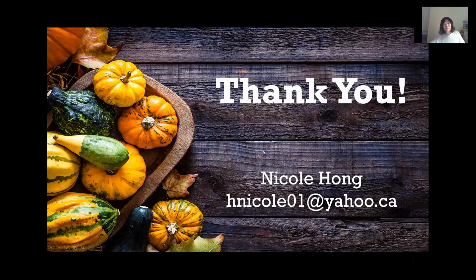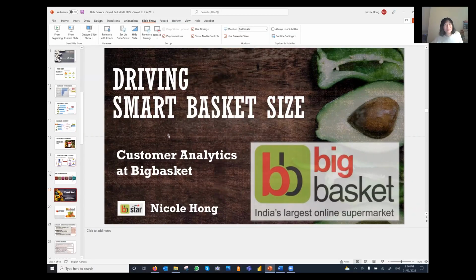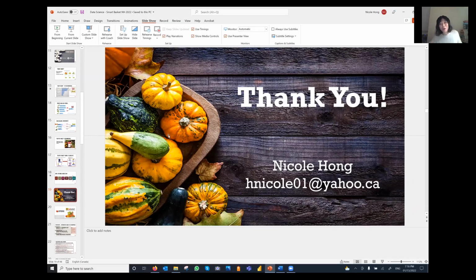I'm kind of curious, how long did it take you to do all of this? Actually, I do have code that I had to use on the actual Big Basket data, so it took me a while. It took more than a month. This was my team project in my master's program last year, and I was the team lead.